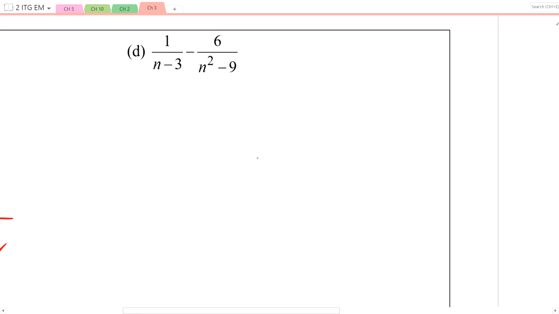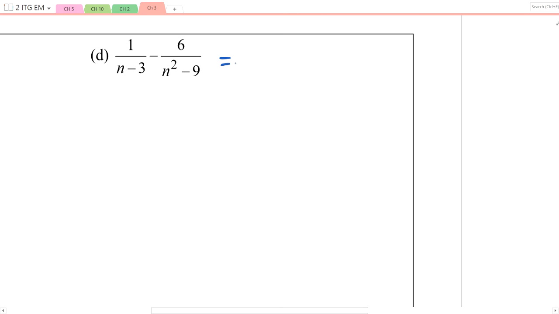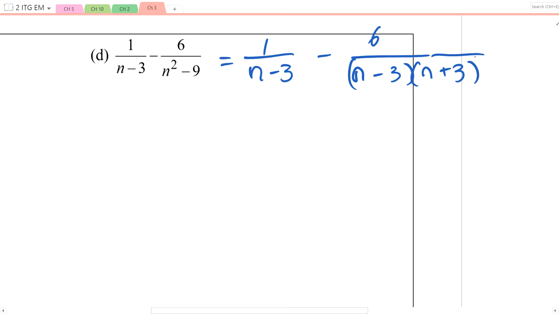Okay, part D. It's quite simple over here. 1 over n minus 3 minus 6 over n minus 3, n plus 3. Do you have this first step? Manage to see this? Okay, so quite clearly, we need to multiply this by n plus 3, n plus 3.